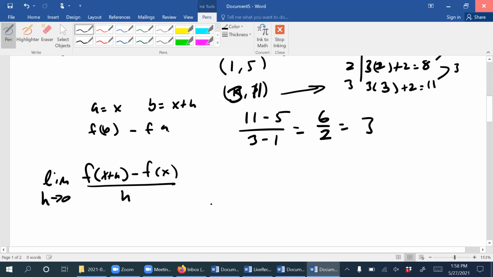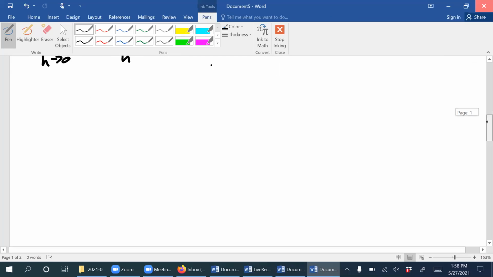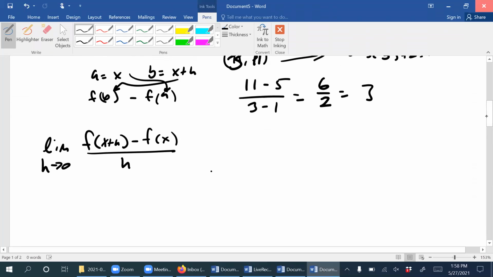Take a look, this is your b, this is your a. That's what we were copying. On the bottom, if it's b minus a, that's x plus h minus x. The x's cancel out, leaving me just an h. This is just the equation for slope.